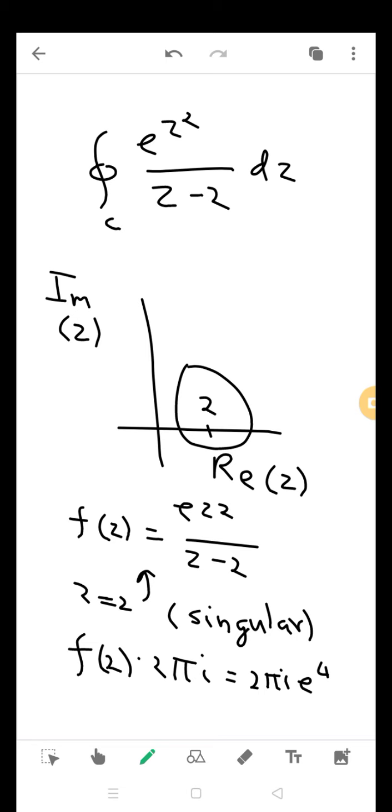So this is the solution that we obtained by using the Cauchy's integral formula.